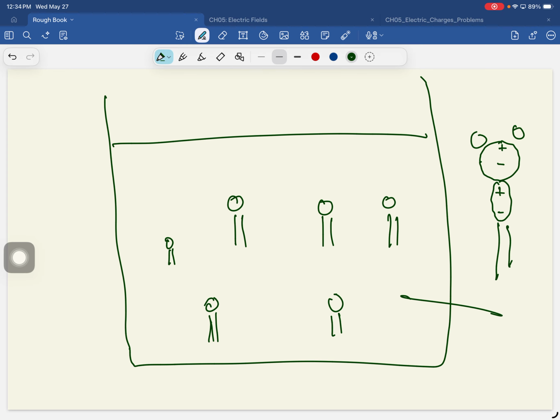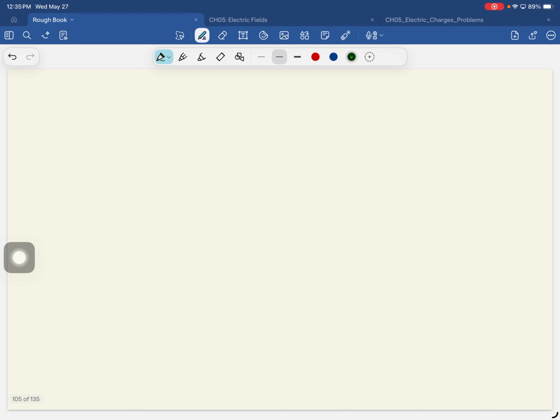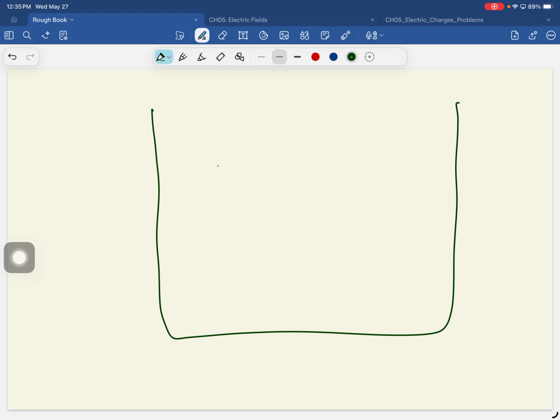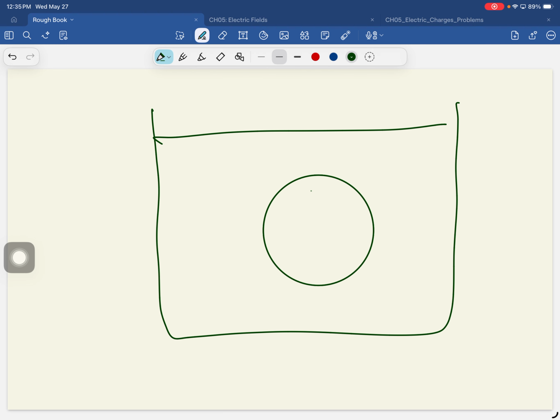And what ends up happening is the following. Water and water.